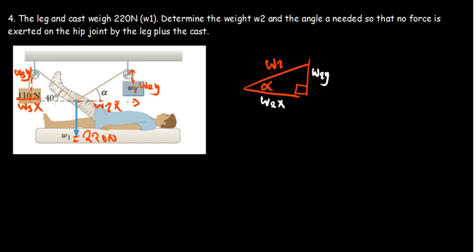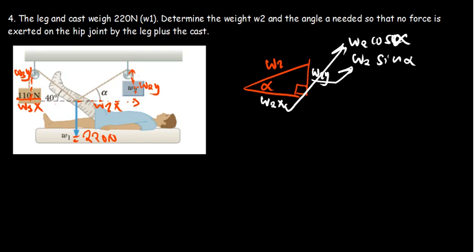So using SOHCAHTOA, our x value is going to be W2 cos theta, or I can say cos alpha. Then the y component is W2 sin alpha.